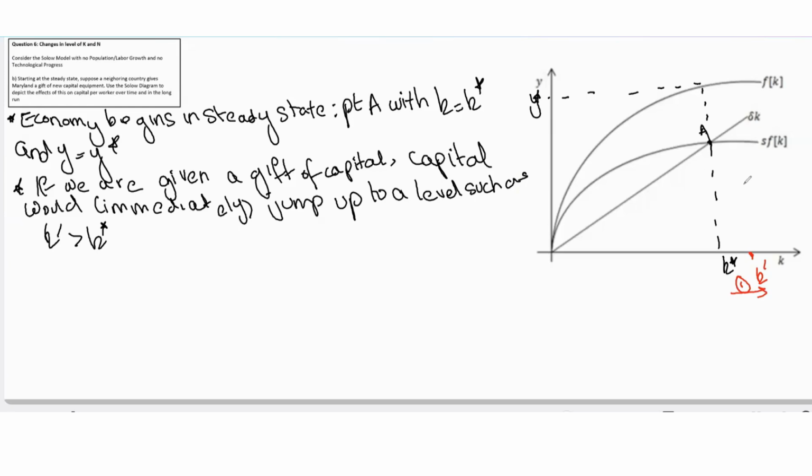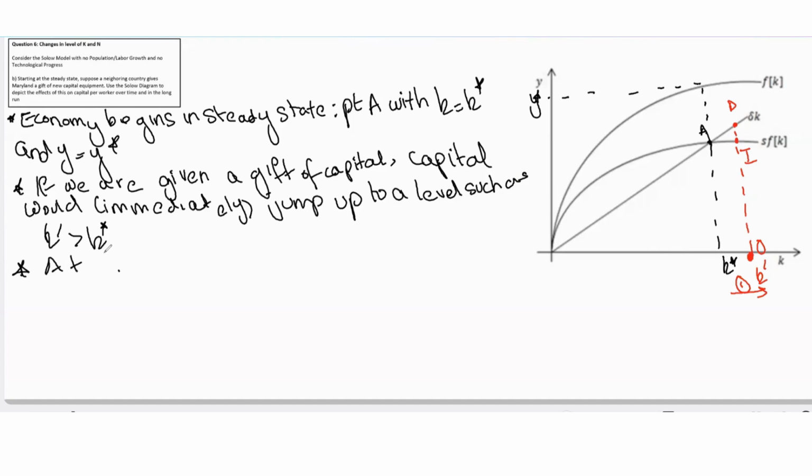Now at K prime, let's identify a couple of things. This point is O. I'm going to label this, and if I extend this a bit, let's label this as D and let's label this as I. Now we're at K prime, having jumped from K star to K prime.